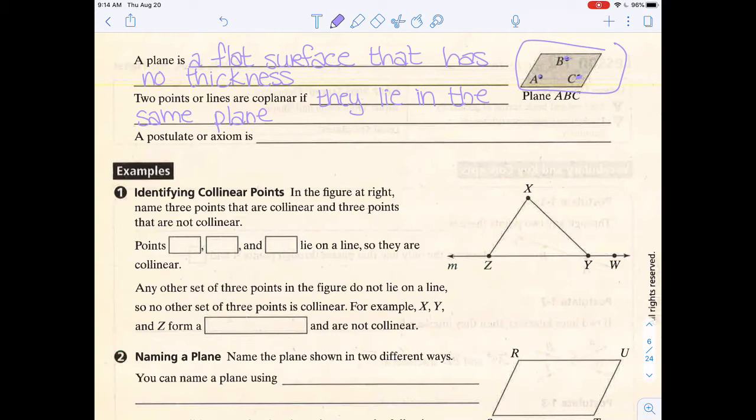And final definition, a postulate or axiom is an accepted statement of fact. So it's kind of what geometry is built on. We know these things are true, and we prove everything else because of these things being true.